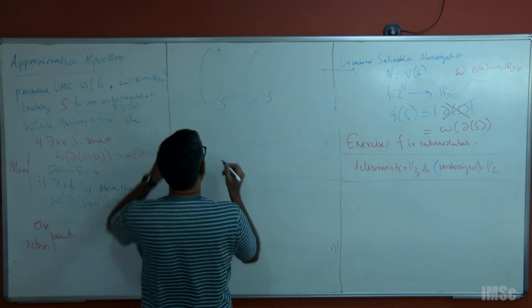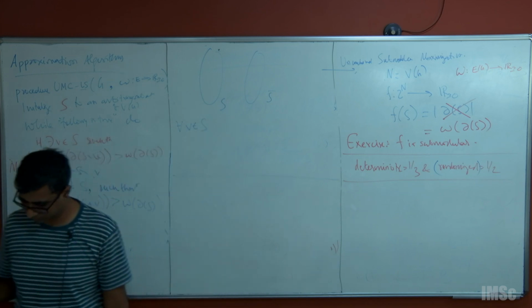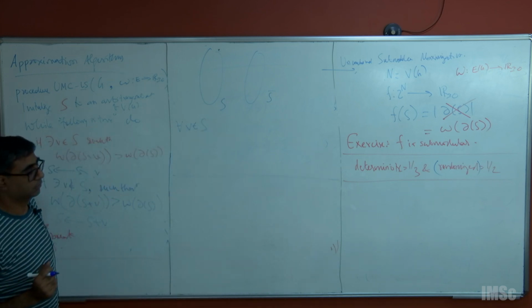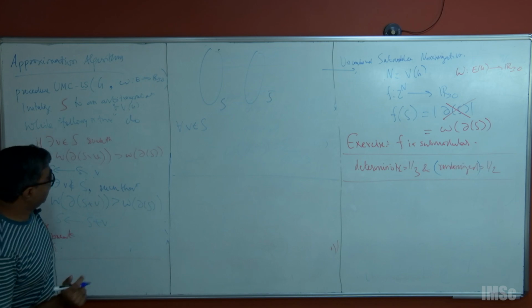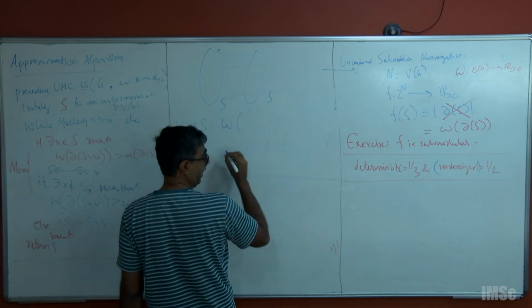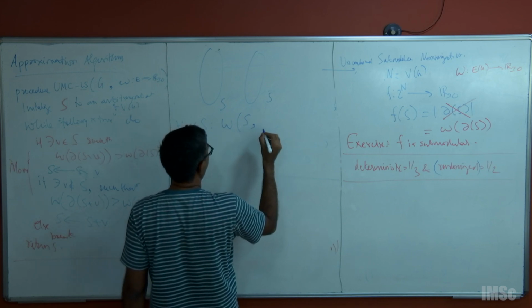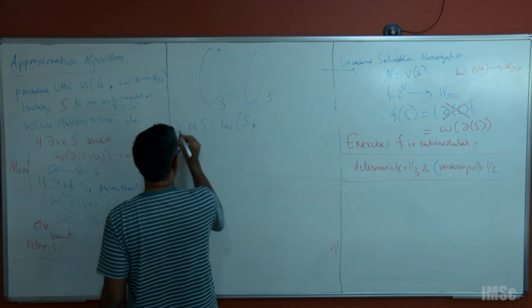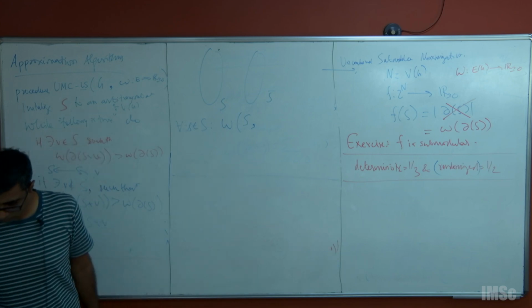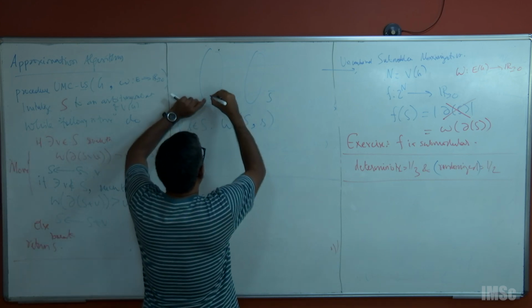First thing, for all v in S, what can you say? Can I say that the weight of edges from v, let's call it little s, okay? So look at this S here.